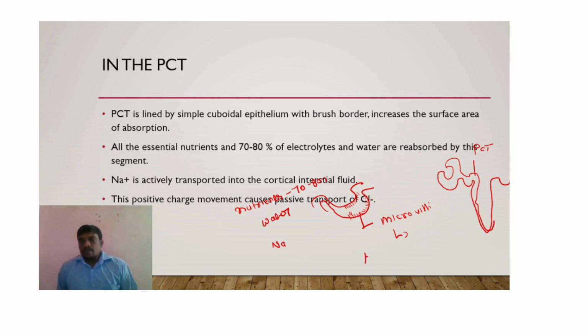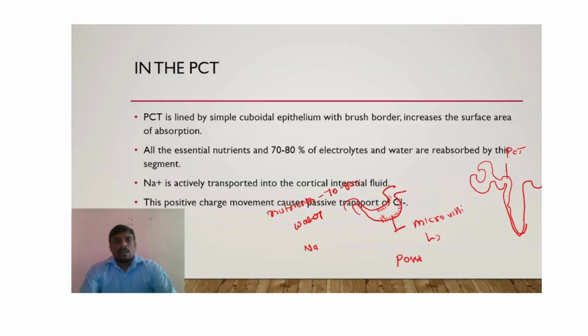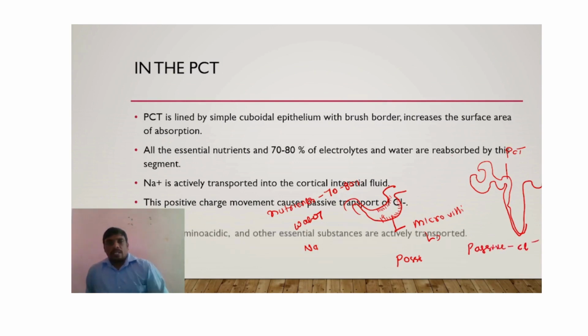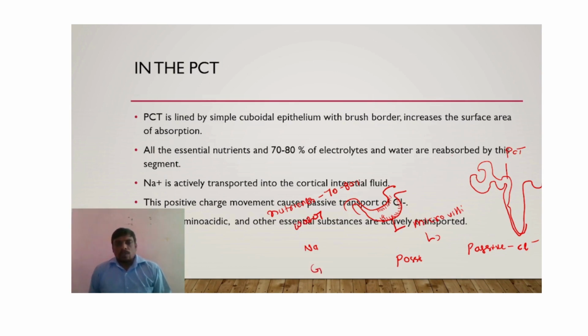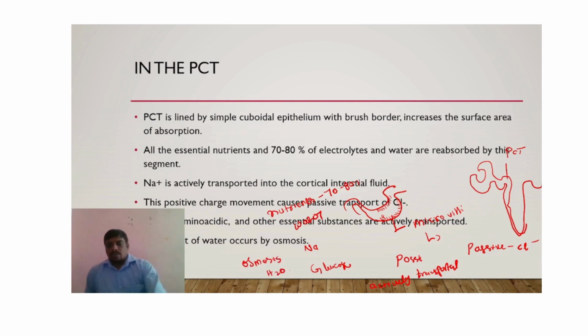Now, glucose, amino acids and other essential substances are actively transported. They are transported by the active process. Movement of water occurs by osmosis. You know very well about osmosis, right?